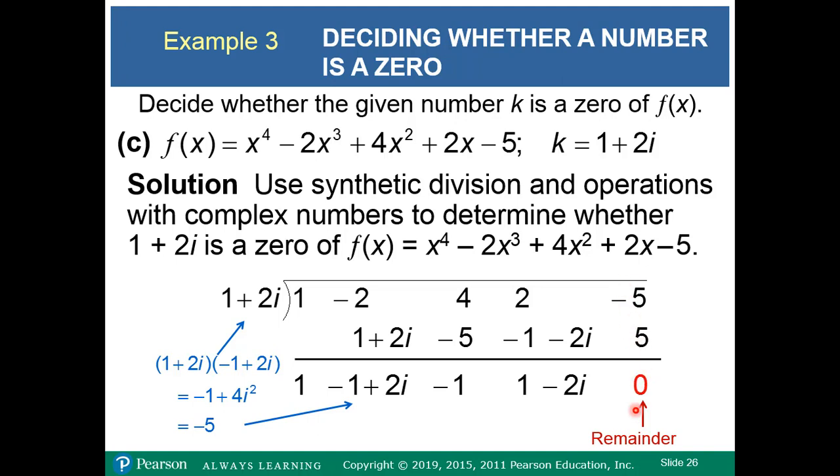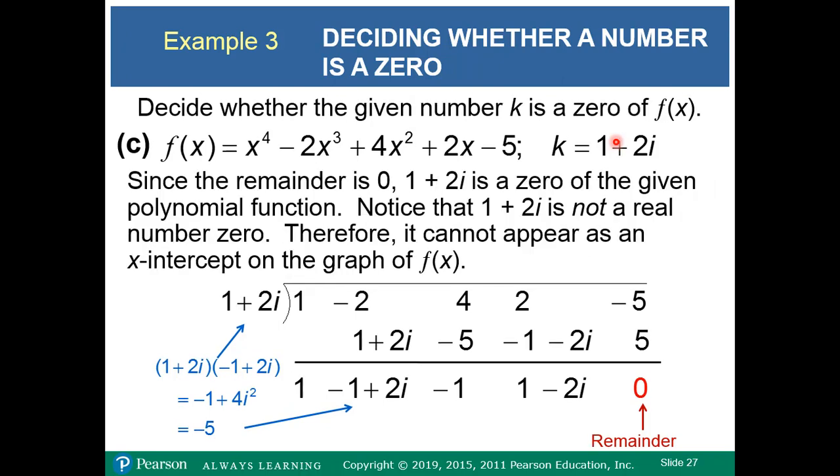And of course, we get 0 as a remainder. So this means that this is a complex root of the equation f of x equals 0. Or it is a 0, a complex 0. Okay, so it is a 0.